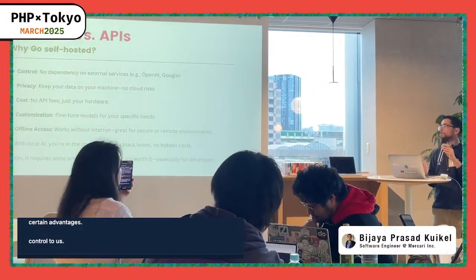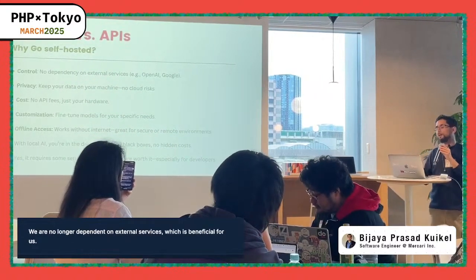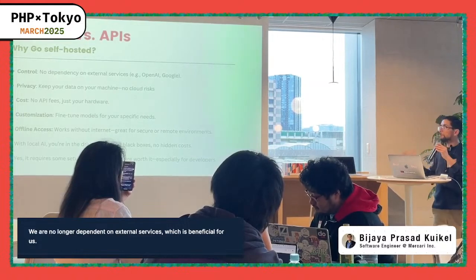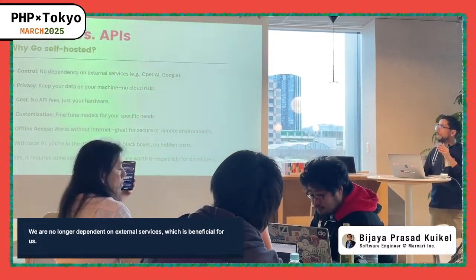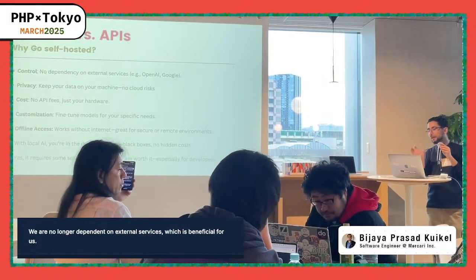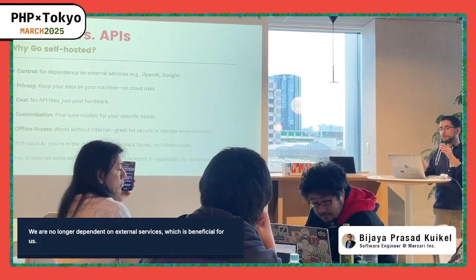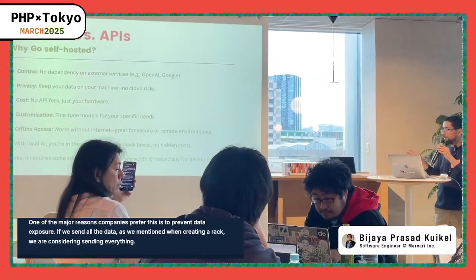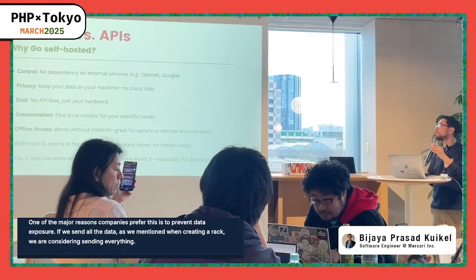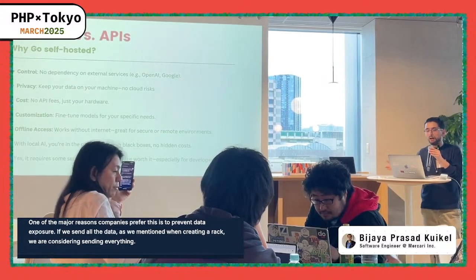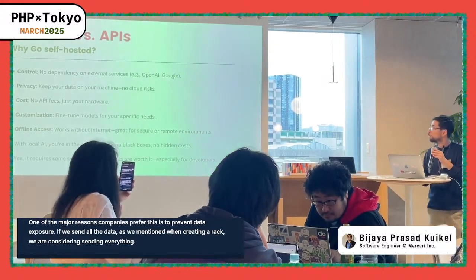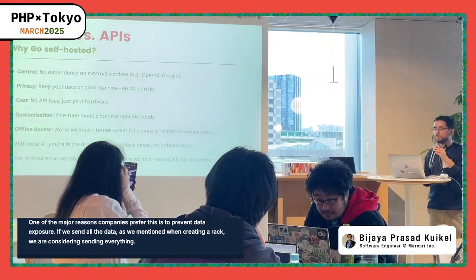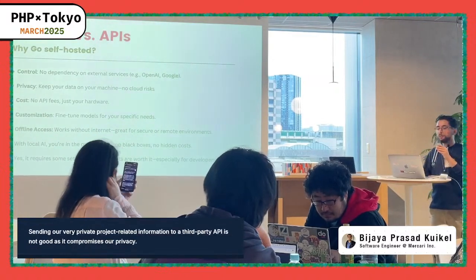The next major reason is that companies don't want their data to be exposed. If we want to create a RAG but are thinking of sending all of our very private project-related information to third-party APIs, that's not a good thing. That basically hammers our privacy. With a self-hosted one, we don't have to think about this kind of problem.